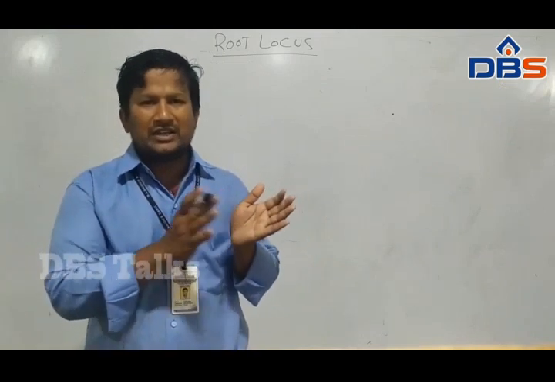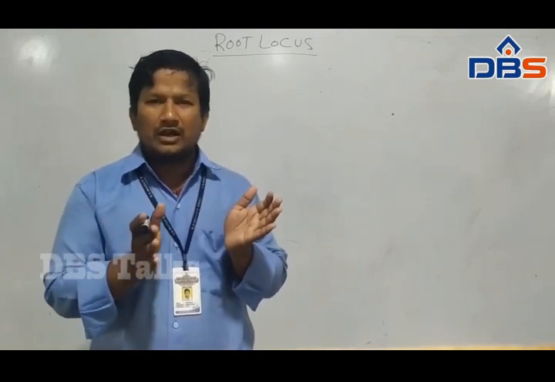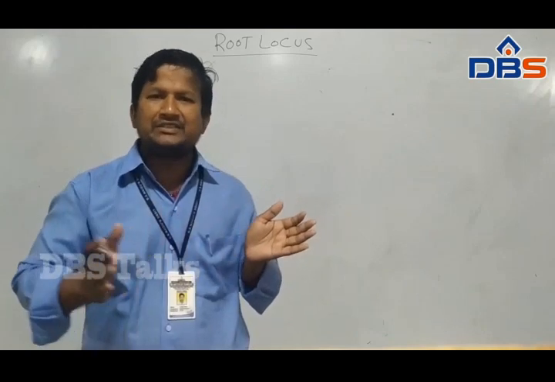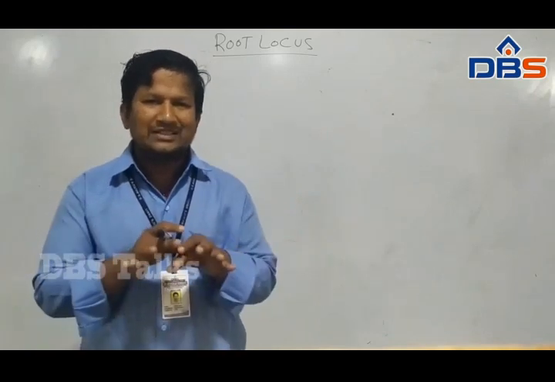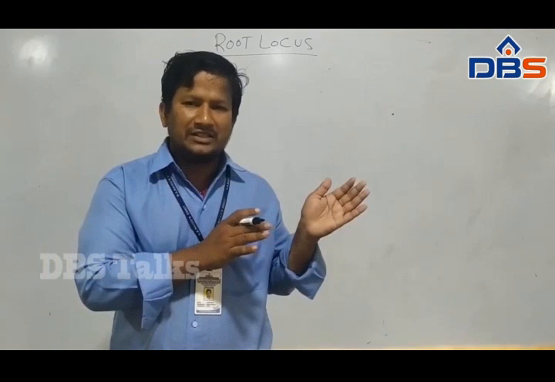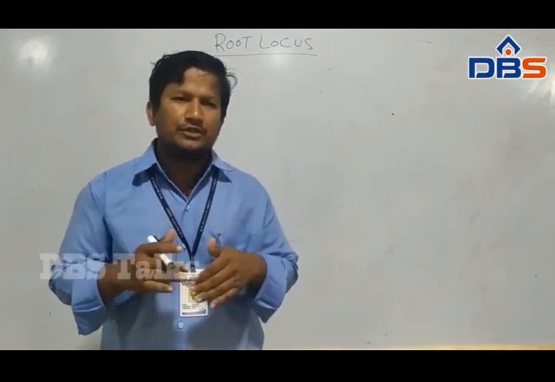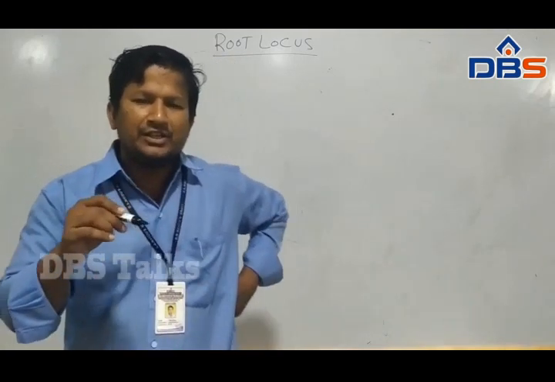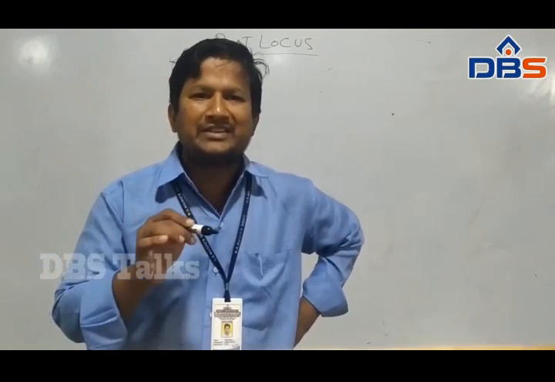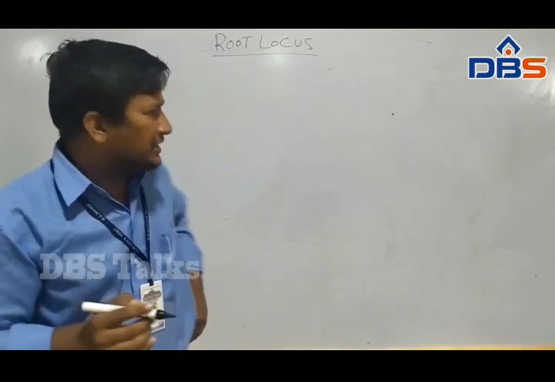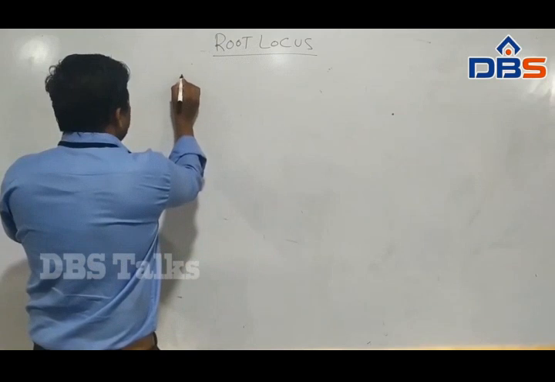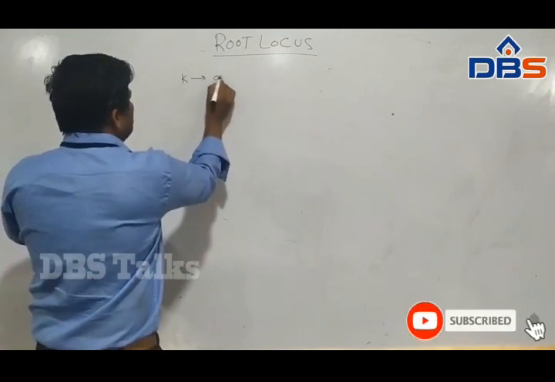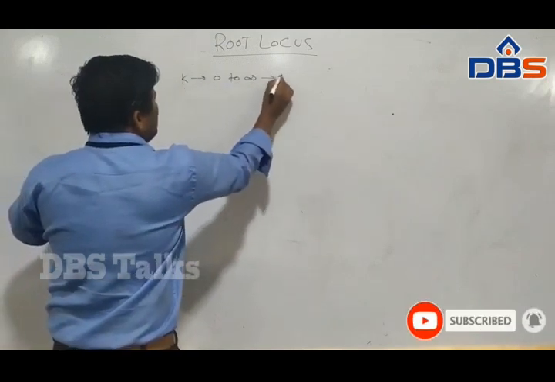Otherwise, the root locus is a graphical representation where the gain is varying from minus infinity to 0. So totally, the root locus technique is a graphical representation where the gain k value is varied from minus infinity to plus infinity. Generally, the k value is varied from 0 to infinity, and this is called the root locus.